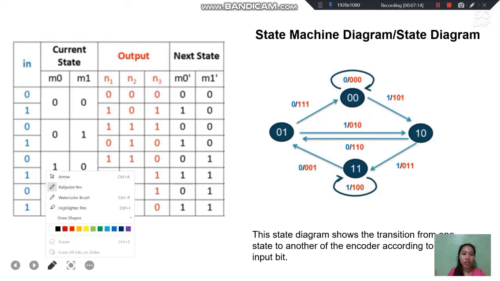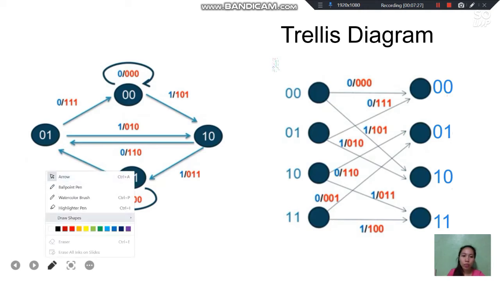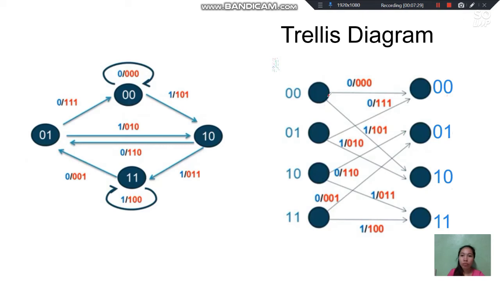Next is the trellis diagram. We just put 2 columns, where the first column is the current state and the second column is for the next state.